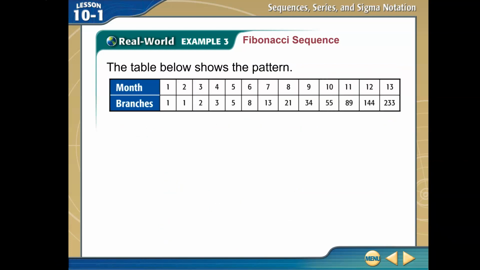This table is exactly what I was explaining to you. Months and then branches. This sequence, the branches, is known as the Fibonacci sequence.